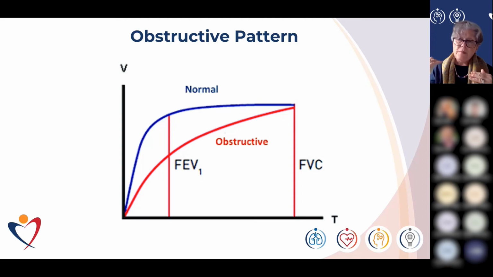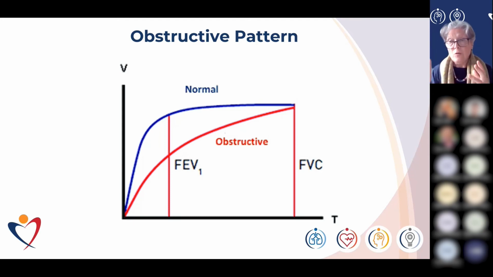But as the patient is breathing out, perhaps because they've got COPD, or perhaps they've got suboptimally controlled asthma, but let's focus on COPD as our exemplar at the moment, the amount of air that came out in that first second, can you see, is reduced. It's a lot lower. They achieve their FVC, but it takes them a lot longer.